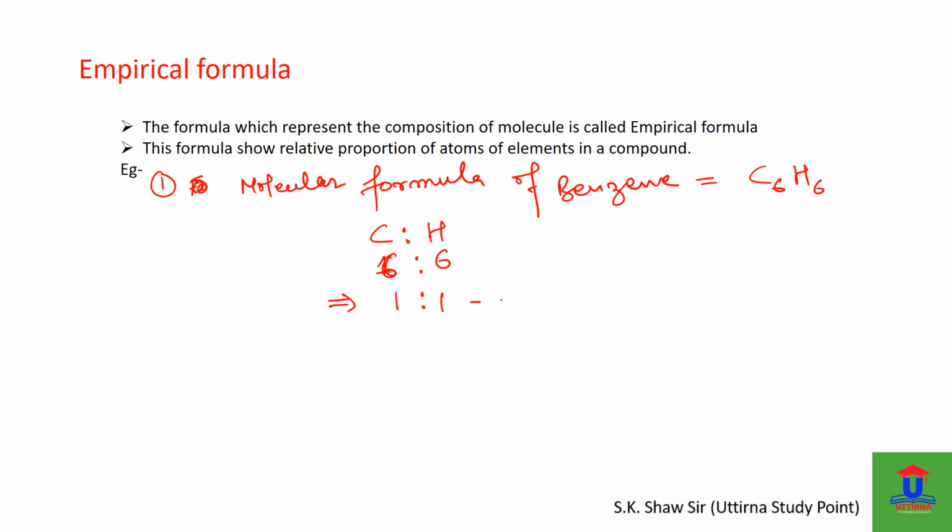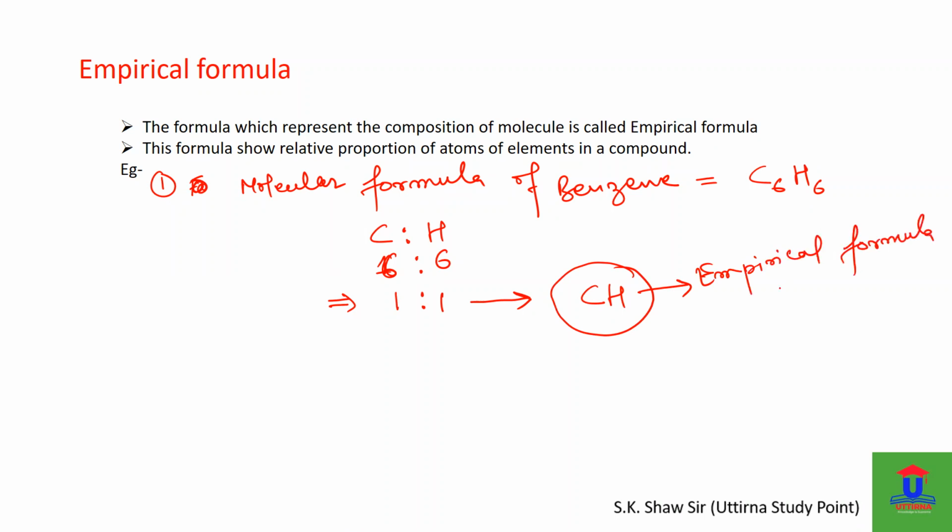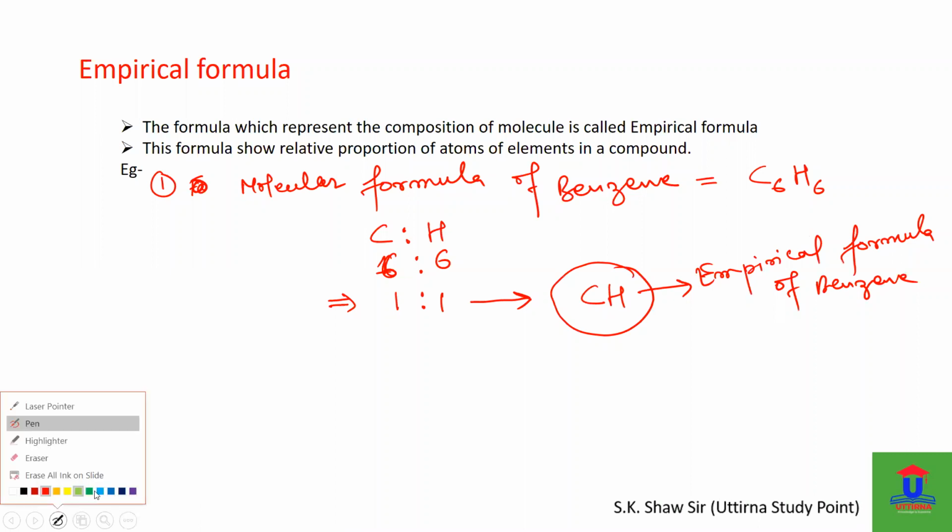So in the simple whole number ratio, the formula will become C1H1 or only CH. This formula is called the empirical formula of benzene. So this is how we calculate the empirical formula.